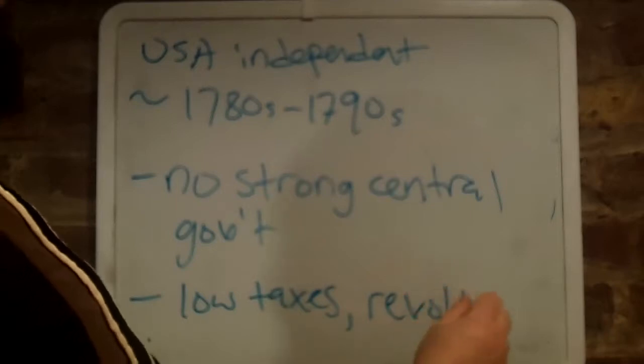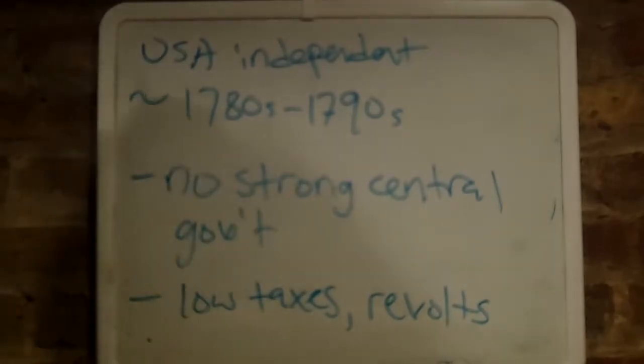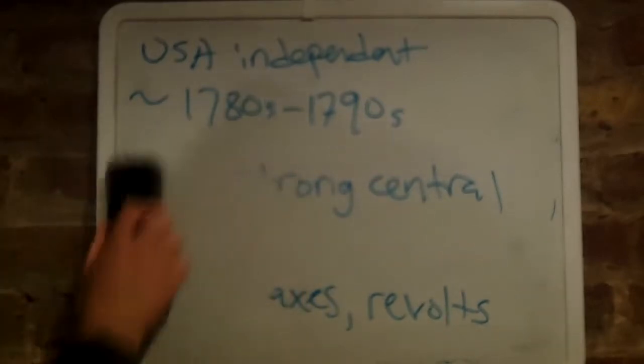There was Shays' Rebellion in Massachusetts, and what happened there was a farmer named Daniel Shays was in debt, so his farm was going to be repossessed. He figured that if he attacked the courthouse and prevented this order from being sent, he would keep his farm. Other farmers got the same idea, and there was a rebellion, and this shook the confidence of the nation. It's like, how can we have a peaceful nation if people are going around starting rebellions?